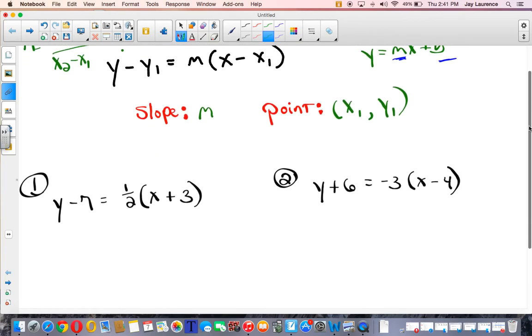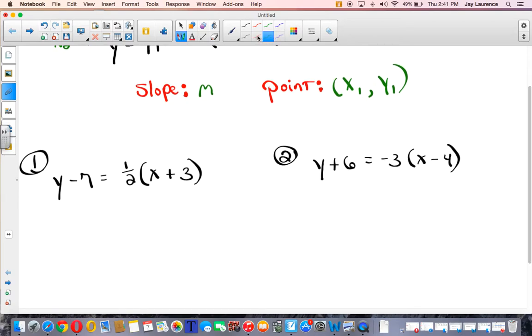So take a look at problem number 1. I want to know the slope of this equation. Well, it's 1/2. Piece of cake. Look, it's sitting y minus y sub 1 equals m times the quantity of x minus x sub 1, and see, m is sitting right outside that quantity. I also want to know a point that the line goes through. It's not going to be the y-intercept.